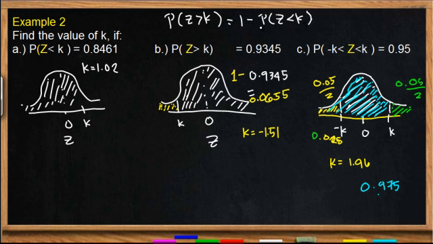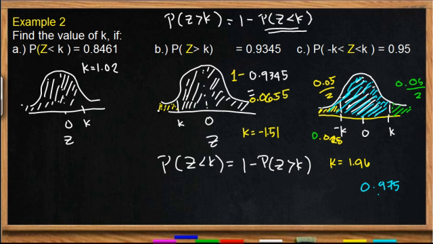Katong complementary lang, kay ang total probability, kani siyang white is kani siya greater than k, ang kaning yellow is kani siya less than k, and kani makita man sa table. The other way around. So bunson nato ni daan 1 minus 0.9345 which is 0.0655.